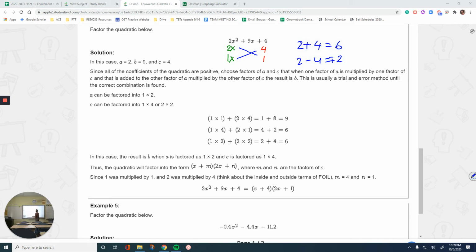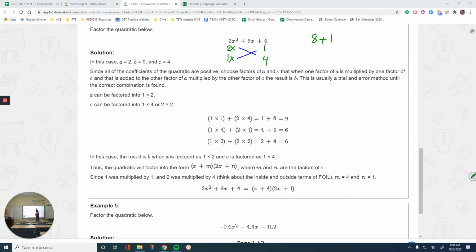So let's just switch these numbers. Instead of 4, 1, I want to try 1 and 4. 4 times 2, when I do cross multiplication, gives me 8. And 1 times 1 gives me 1. So if I add these numbers, I can get a 9, right? If they're both positive, if I'm adding them, I'm good.